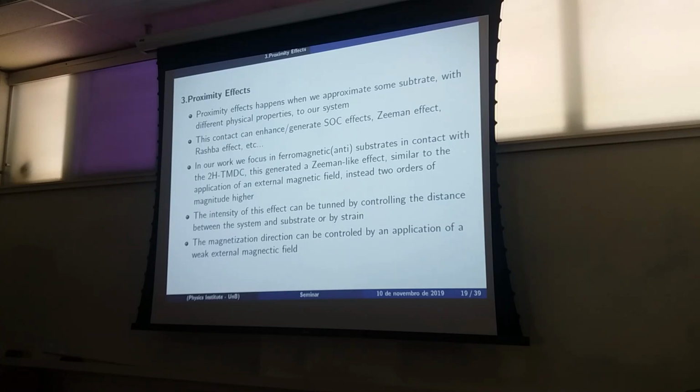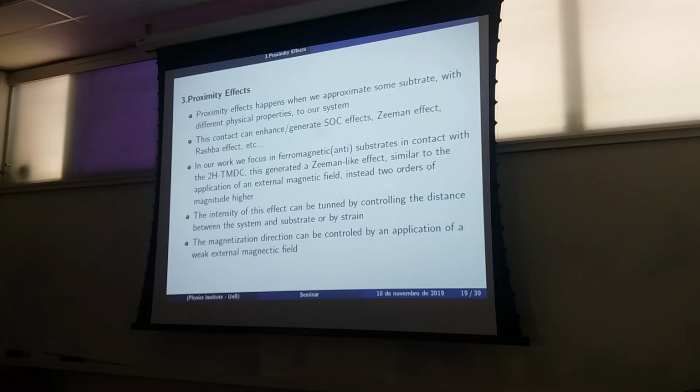But to see something with a real magnetic field, we need to apply a very, very high magnetic field to those materials to break valley degeneracy. When you put in a substrate, you can use only a small magnetic field to control the magnetization direction, and it has an effect similar to 100 Tesla. That's not good to use in experimental physics.